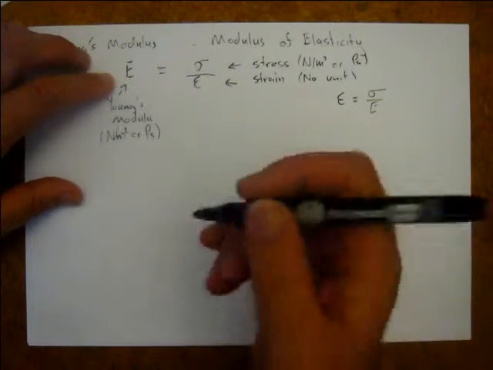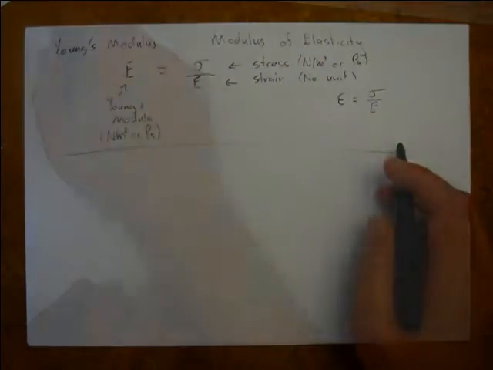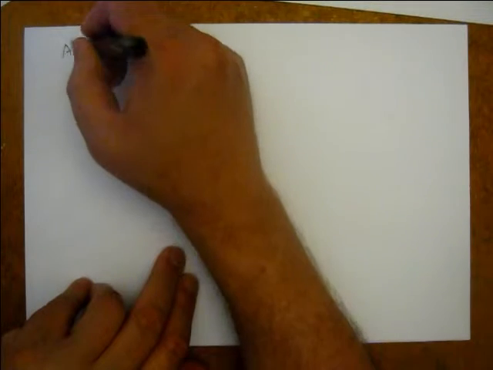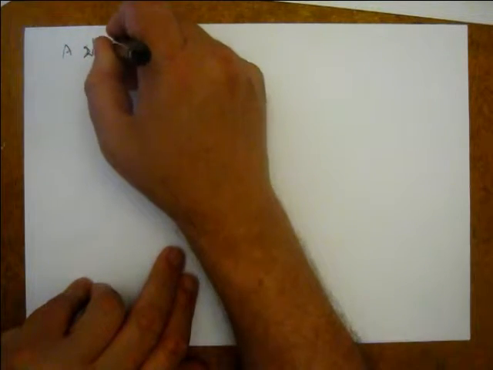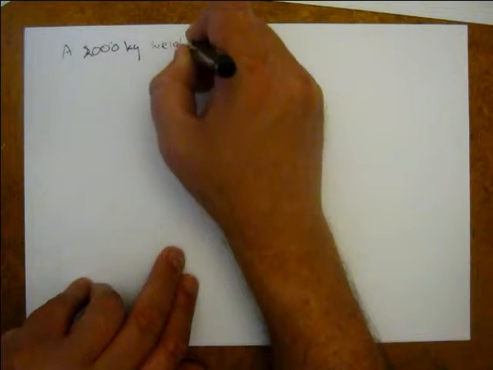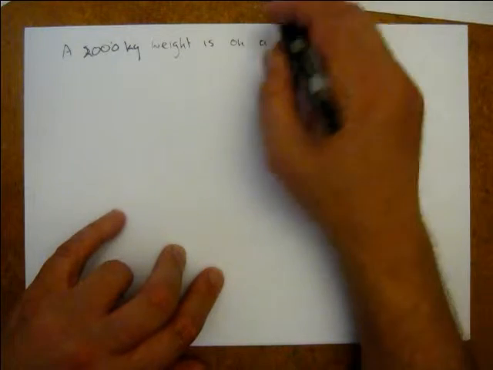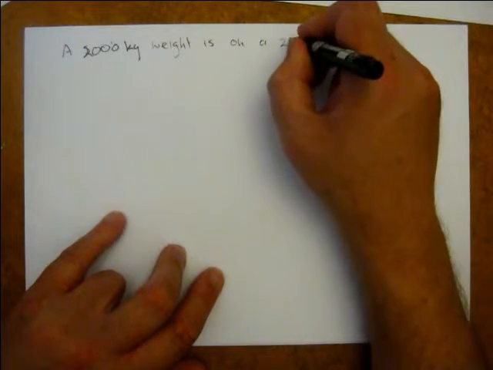So let's try and find an example that we did earlier. A 2000 kg weight is on a 25 millimeter diameter cable.